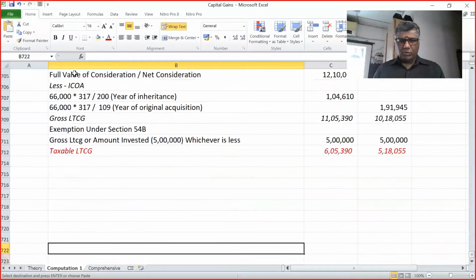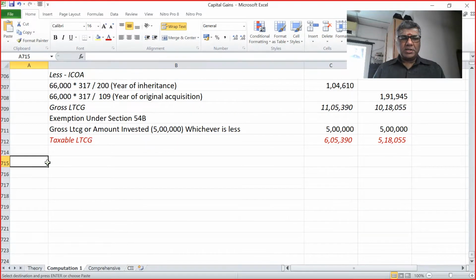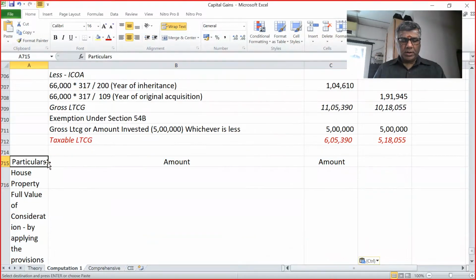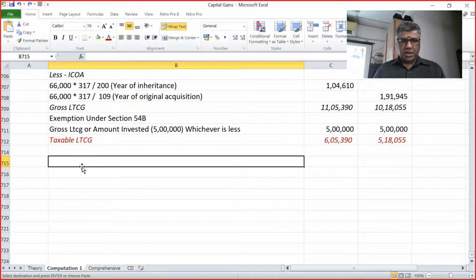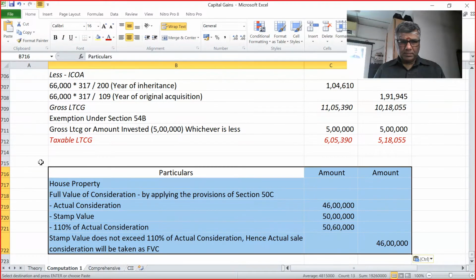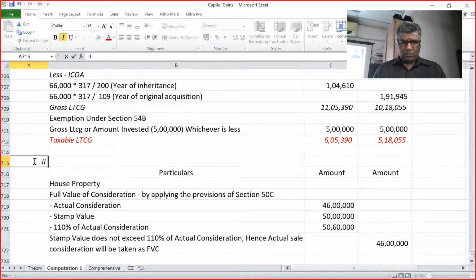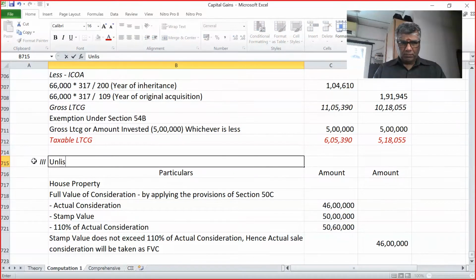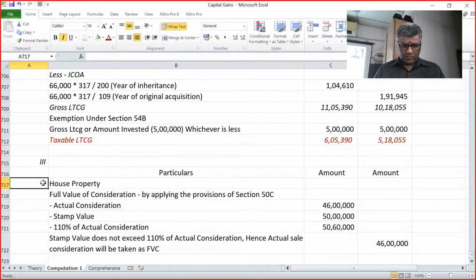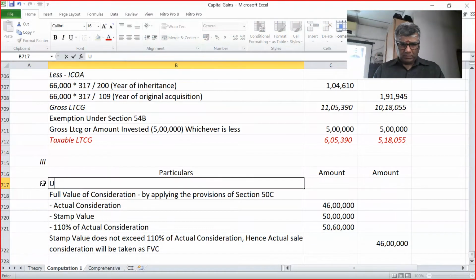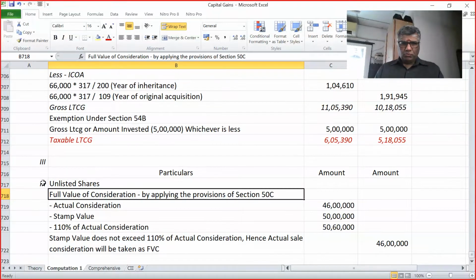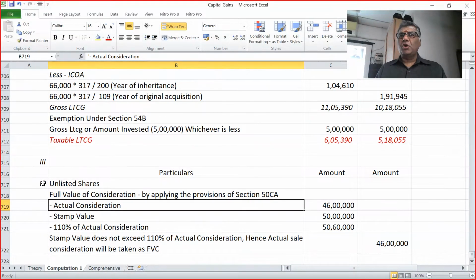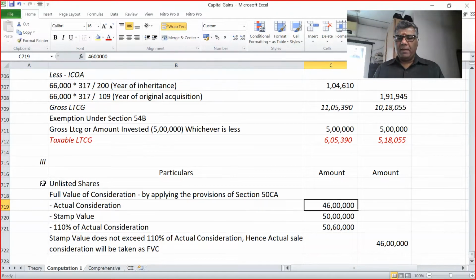Next, I am working out for unlisted shares. Full value of consideration by applying the provisions of 50CA.